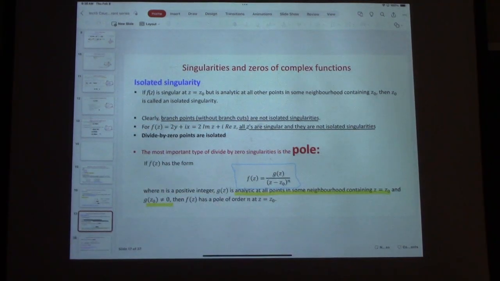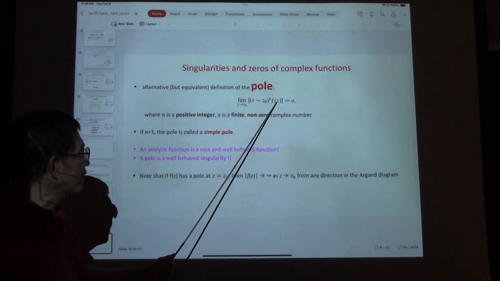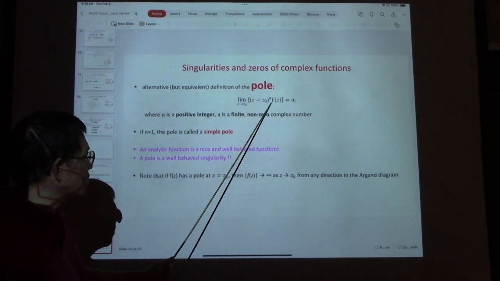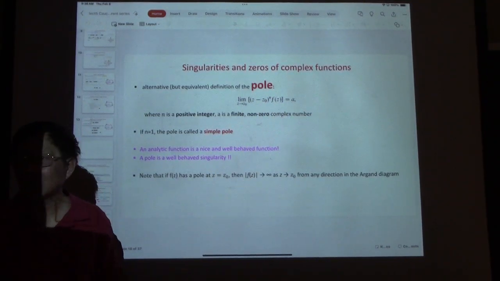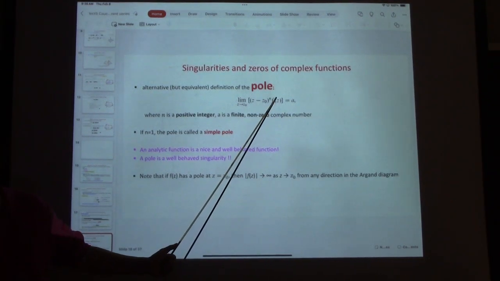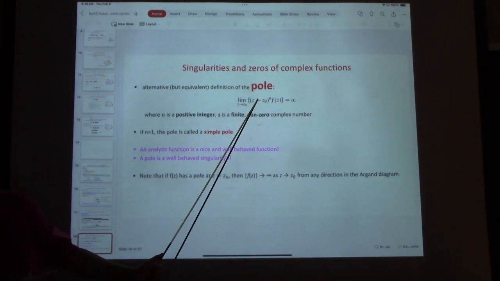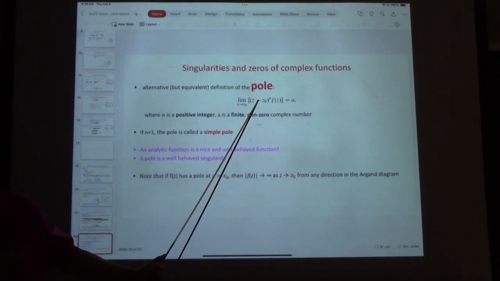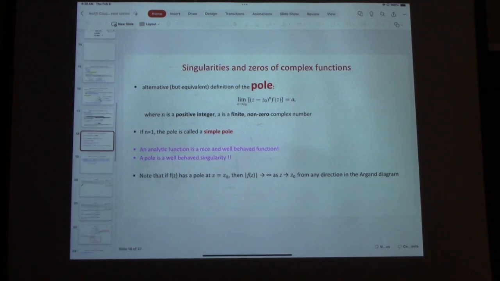So we introduce the concept. We can also say if you take the function times the zero factor to order n, the product tends to a constant. That means the behavior near the pole is whatever constant divided by the zero factor to power n, right? Therefore, it is a pole of order n. That's easy to understand.